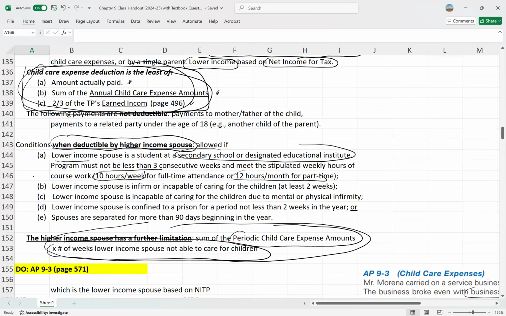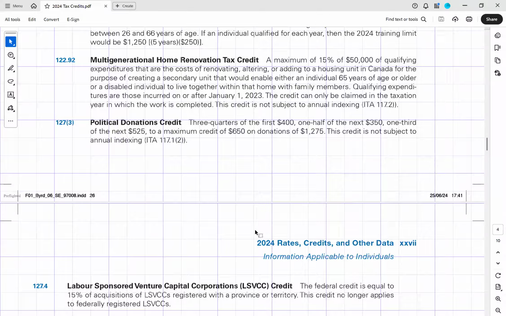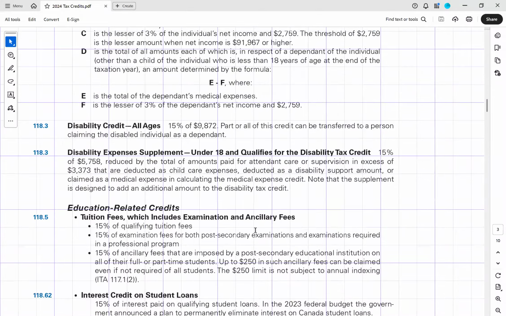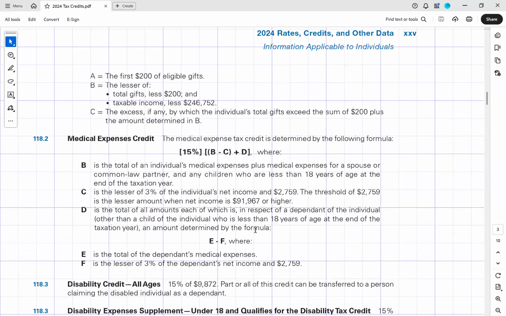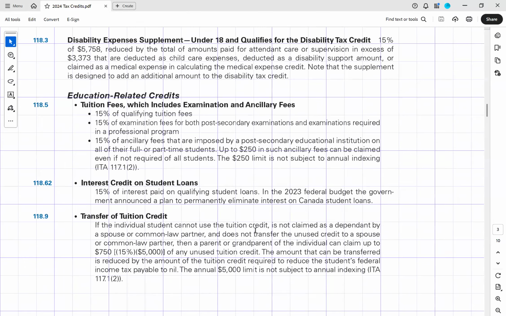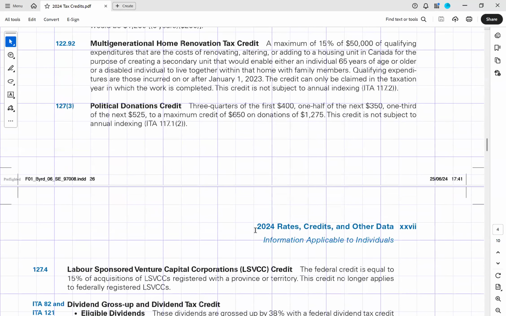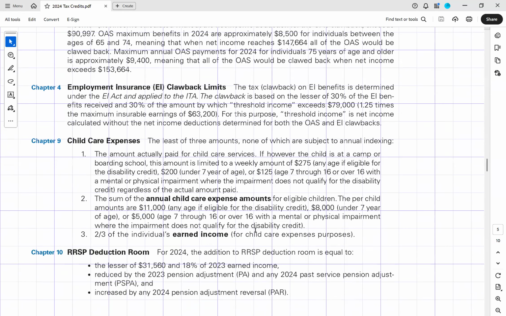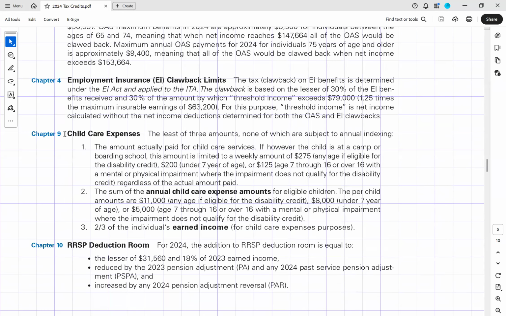Now, this information is on your rates table, but I've summarized it all here on the handout, but I'll show you where it is on the rates table. If you go back to the rates table where we were looking at the dividends, if we just scroll forward. Here it is, childcare expenses right here.